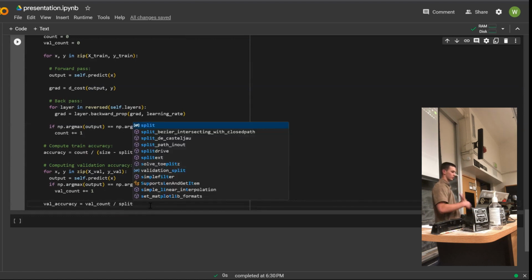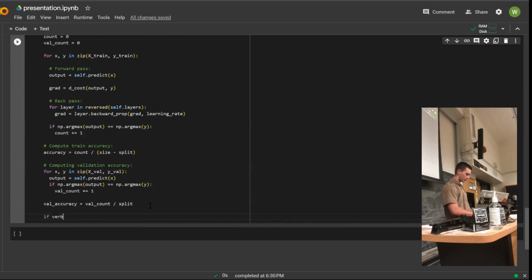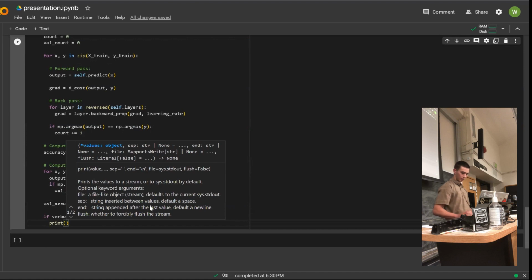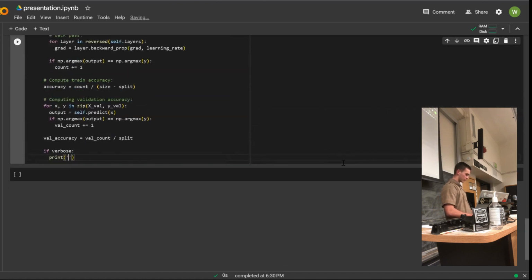And that's just going to be the proportion of how many we got right over the split size. And now, if we choose verbose, then we're going to print our progress.